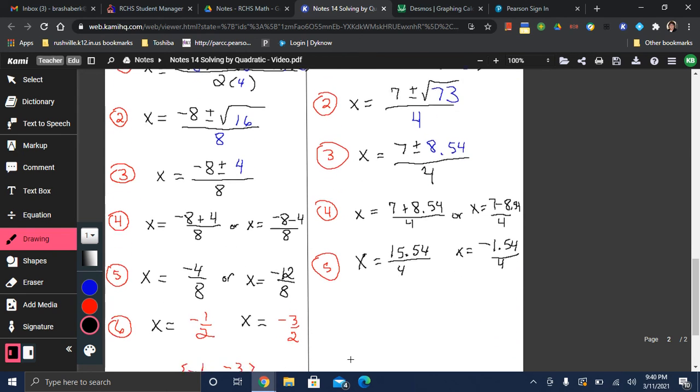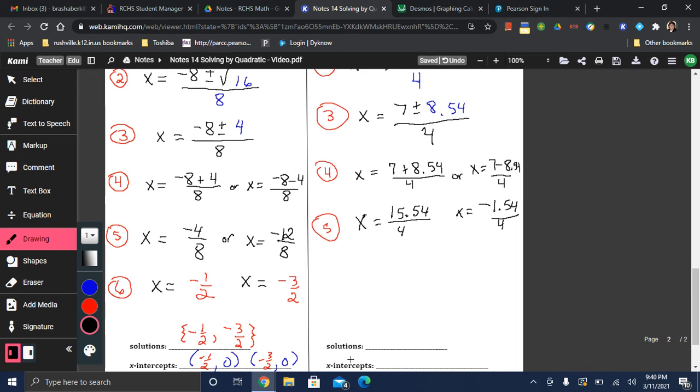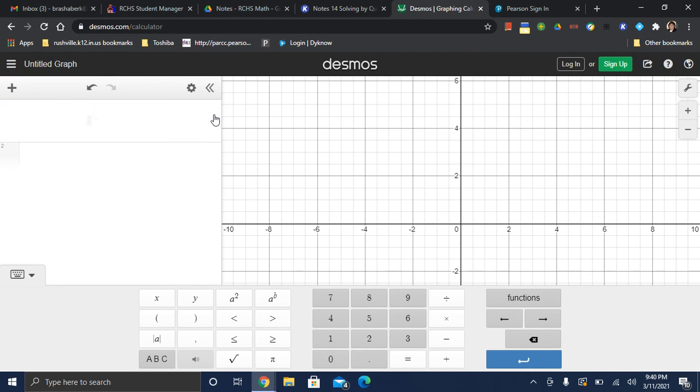And then this is a decimal that we're approximating, so it won't be a fraction. So we're going to do this division and get our decimal answer. So this is going to be x equals, okay, I have to take 15.54 and divide it by 4. So 15.54, hit the divided by key, divide it by 4.